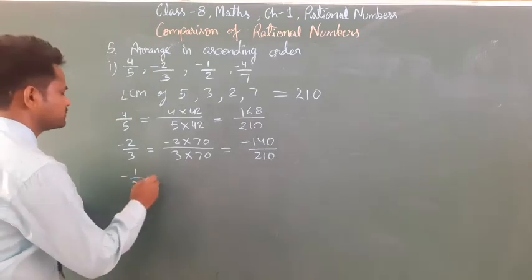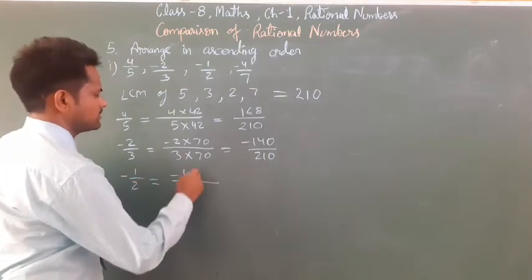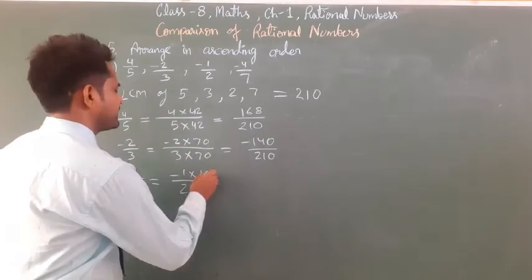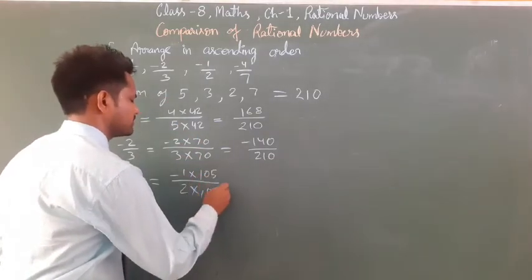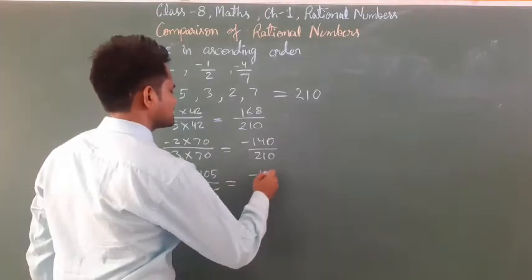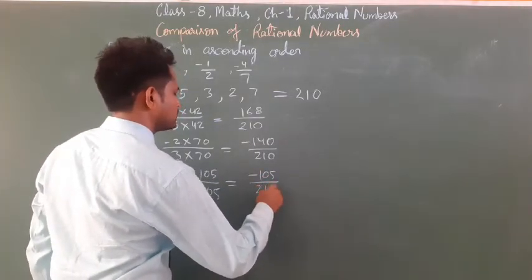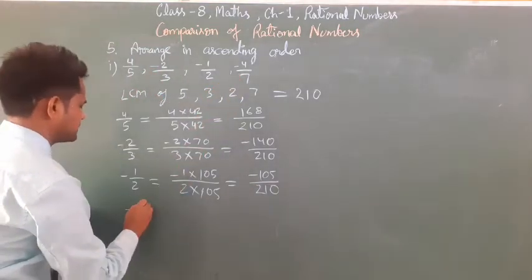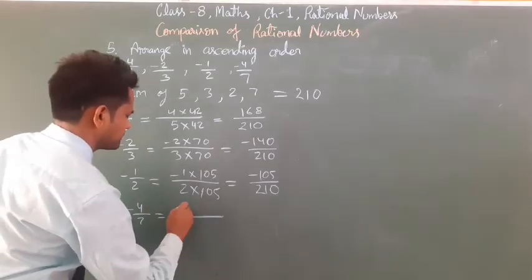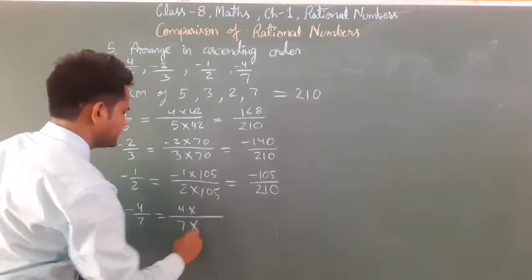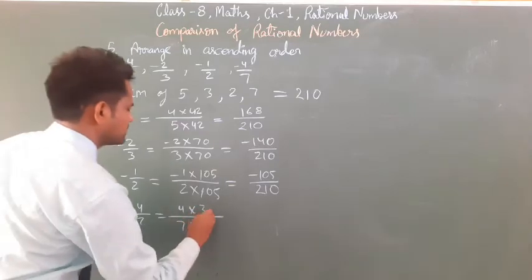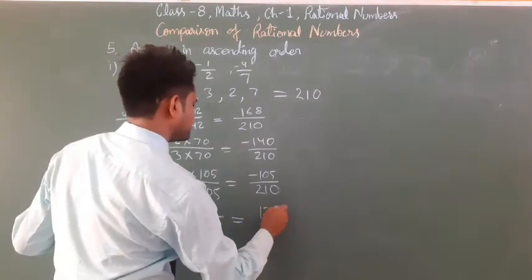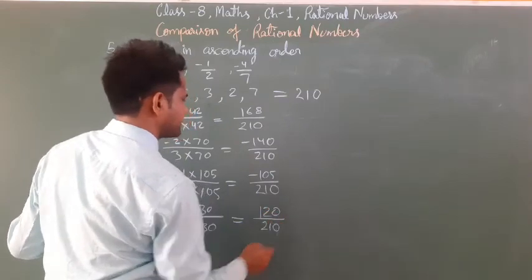Minus 1 by 2 multiplied by 105. Then we get minus 105 upon 210. Now take the last rational number, minus 4 by 7, multiplied by 30. Then we get minus 120 upon 210.